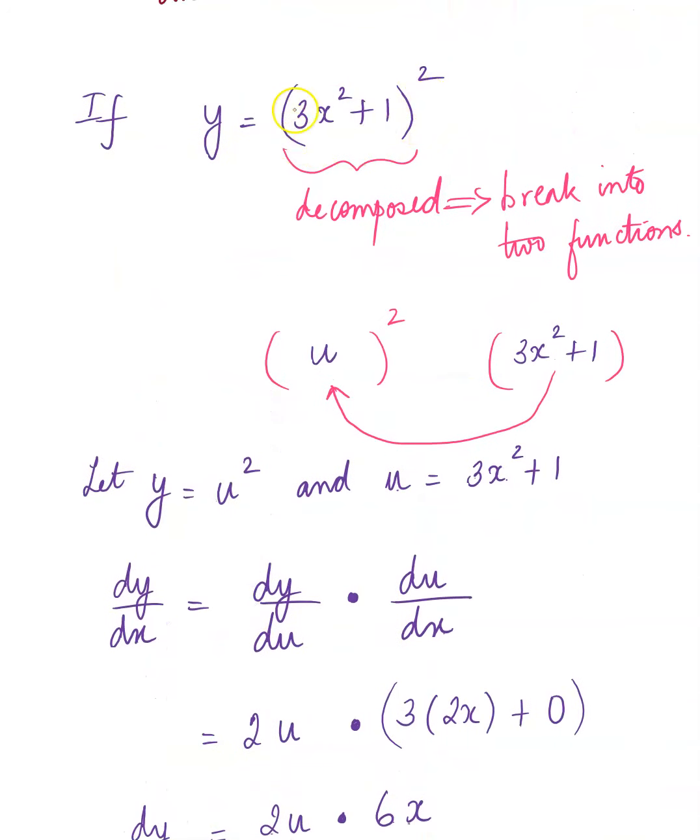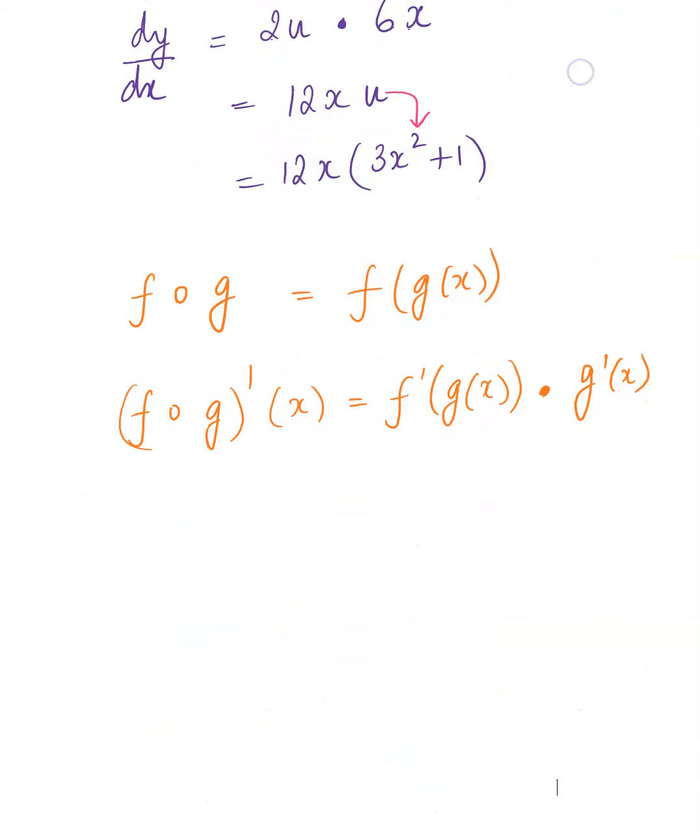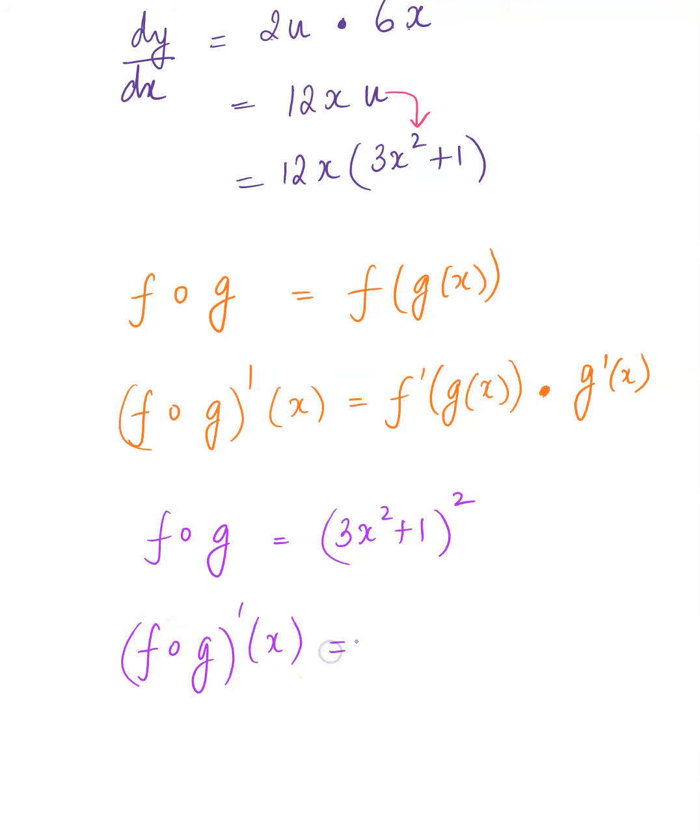So if you take y equals 3x squared plus 1 the whole squared, if I were to reconsider taking the derivative of that, let me write that like this: 3x squared plus 1 the whole squared, because this is already in the composed form. That's why I wrote it already as f circle g. So if I were to do this, then it is the square part that is outside, so I'll have to do that first.